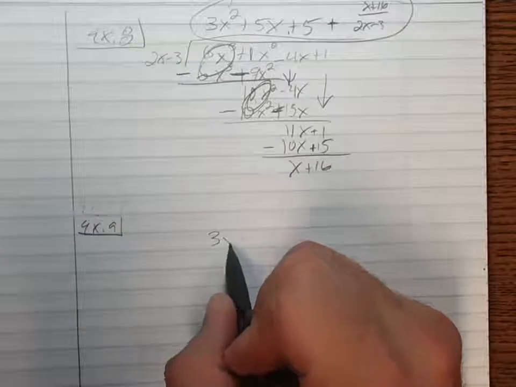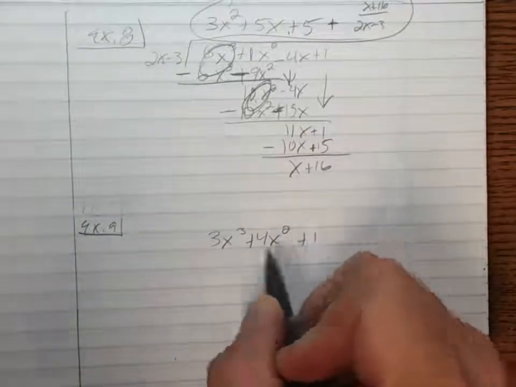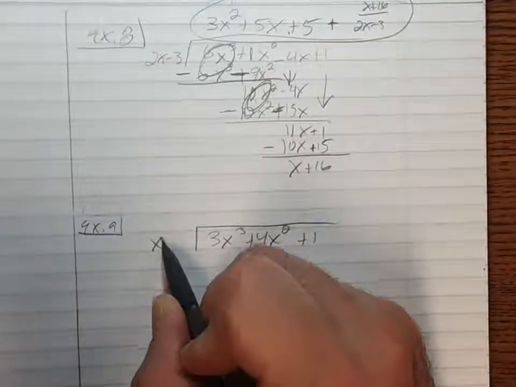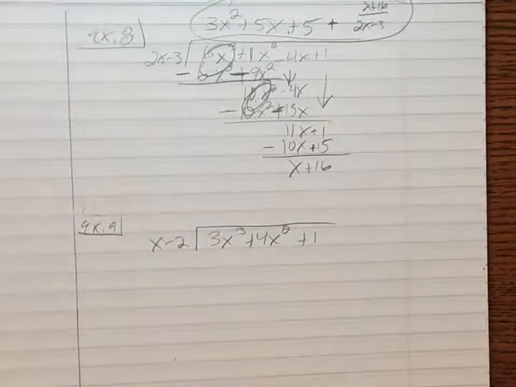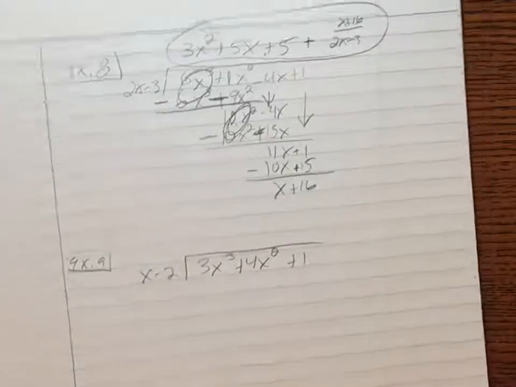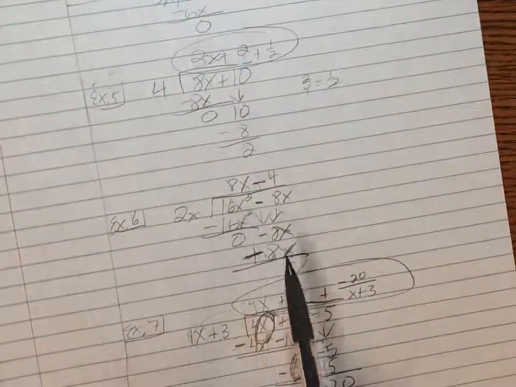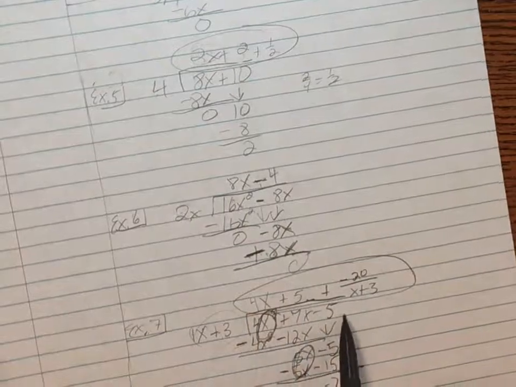Last one. We've got 3x cubed plus 4x squared plus 1, and we will divide by x minus 2. Now, I'm hoping that as you're looking at this, some part of you is going, something's not right. Is your spider sense tingling? It should be. In my other examples, particularly the last 2, I have an x squared, an x, and then a constant.